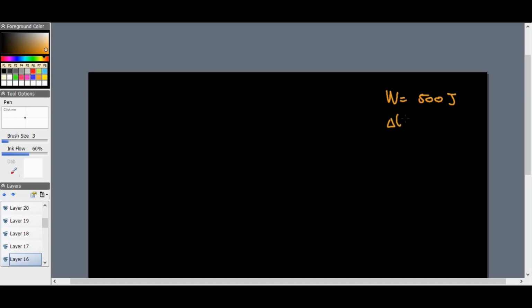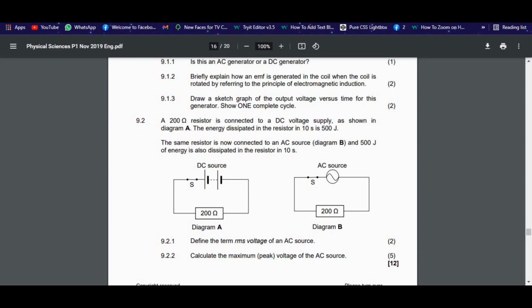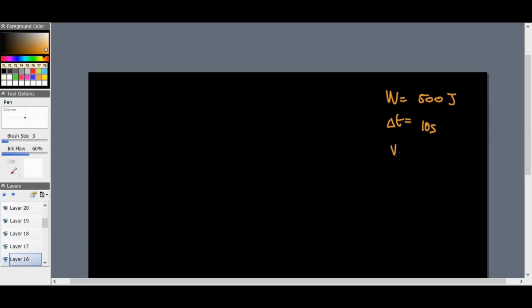We've got the time, which was 10 seconds, and they asked us to calculate the maximum voltage. In order to do that, we need the RMS voltage first. So we need V max, but we also need Vrms as well. We can use current if we want to, but I don't think it's necessary.